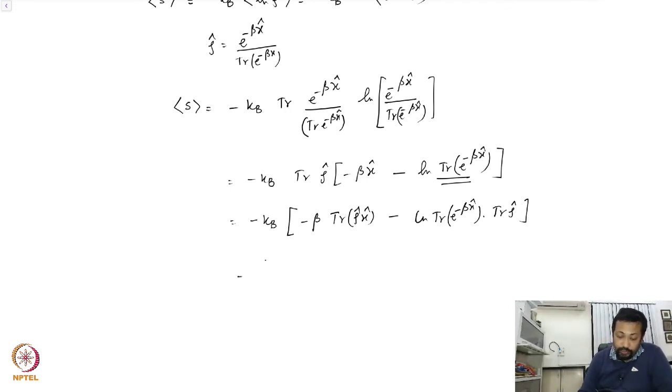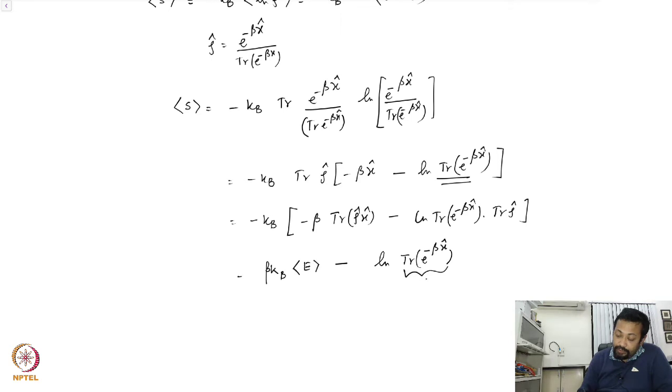So essentially you have kB beta times the average of rho hat H hat, which is the average energy E, right? And this one is ln trace of e to the power minus beta H hat.